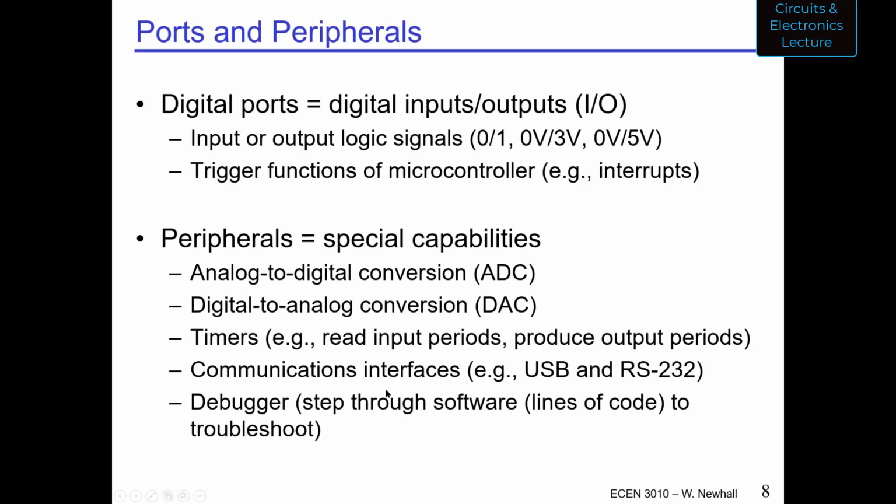And there's also debuggers. So if you've used debuggers in the Arduino, then you know that's useful. You can connect to your microcontroller and check variables and watch code happen step by step.